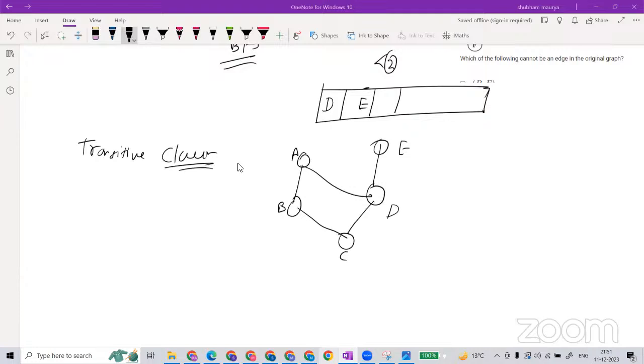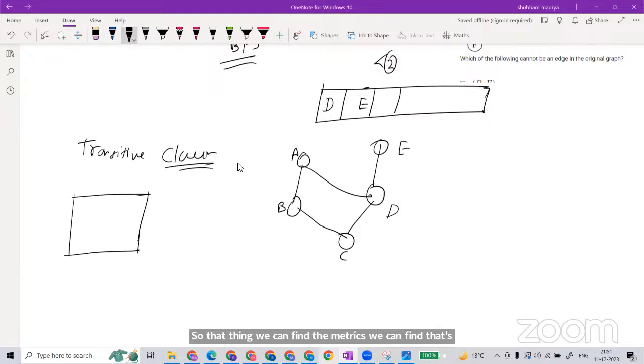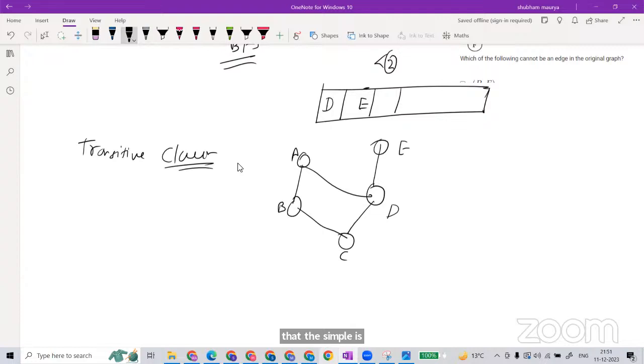So that thing we can find, the matrix, that's fine. But what transitive closure means is simple. See, between vertex A and E, is there any path?